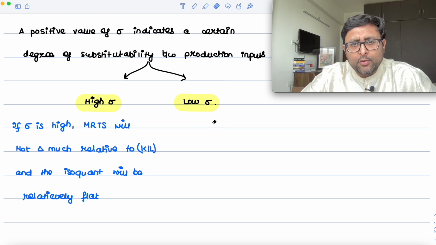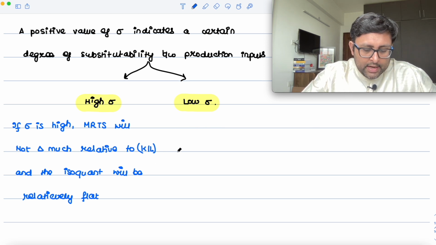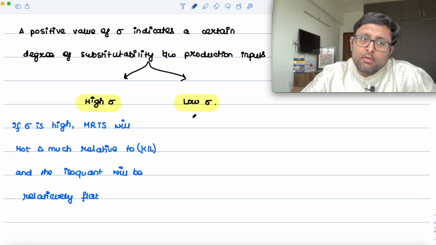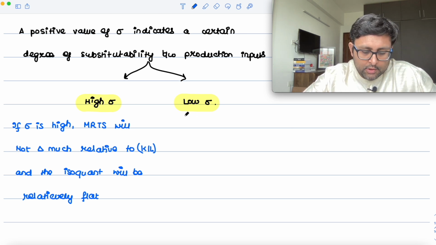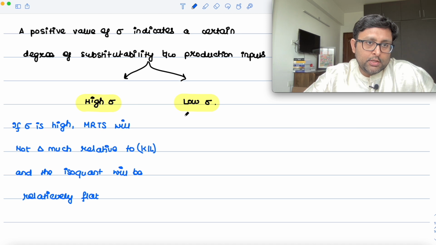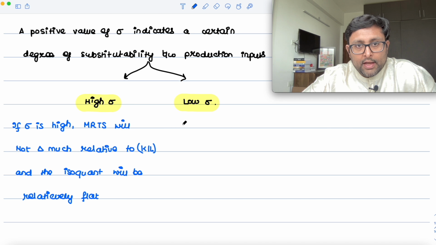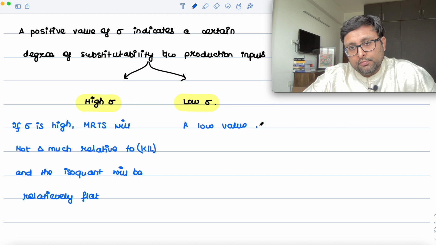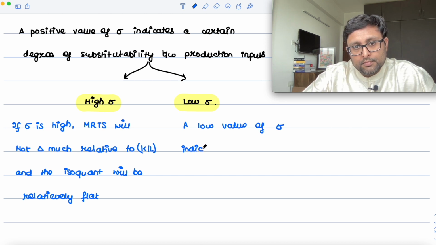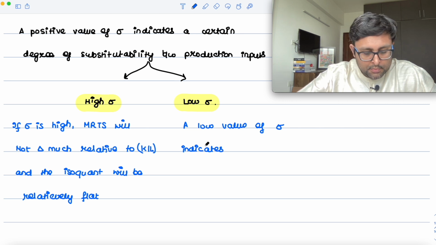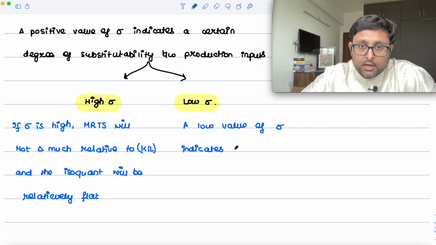So let me just define it in one way and then I'll come back to this particular point. A low value of sigma would mean what? That you have a very curved isoquant. So MRTS is going to change hugely with very, very small changes in K by L. A low value of sigma indicates a rather curved isoquant.